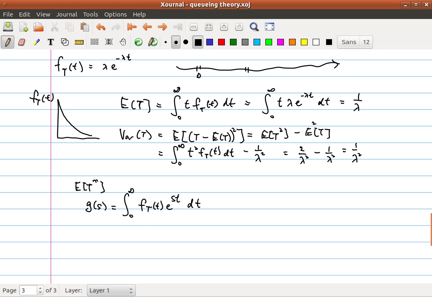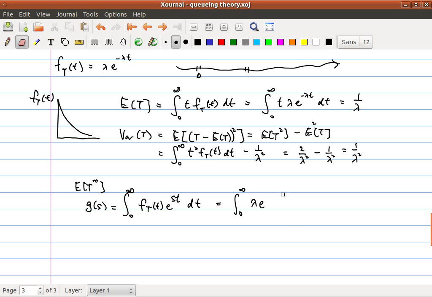Let me just explain it more clearly. Let's just compute this thing. This is very easy to compute. It's just equal to the integral from 0 to infinity of lambda e^(-lambda t) e^(st). So I can put this together.